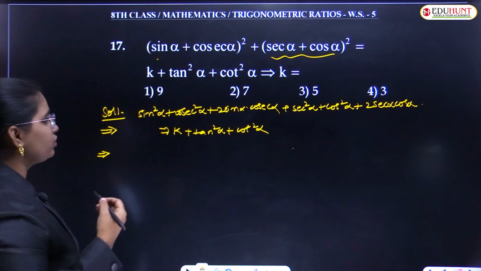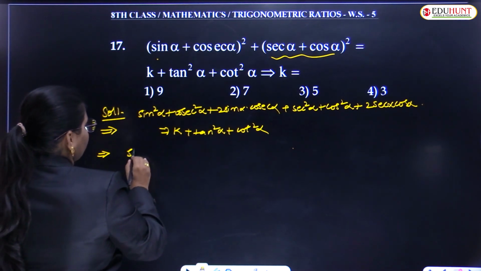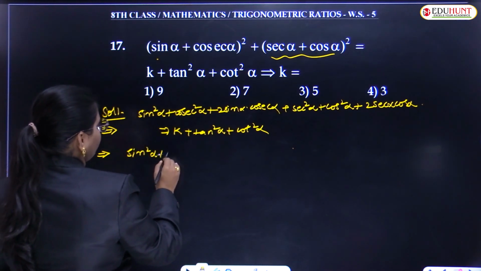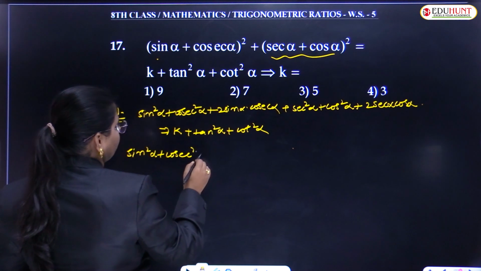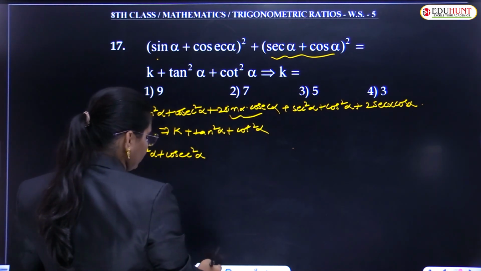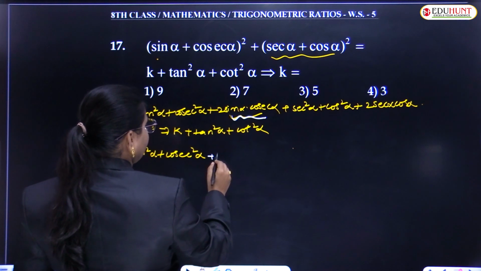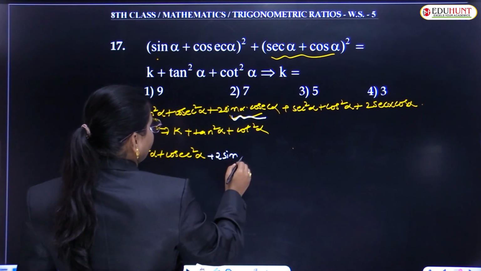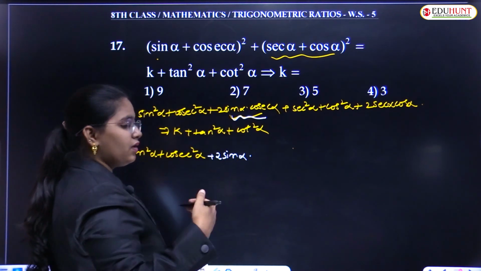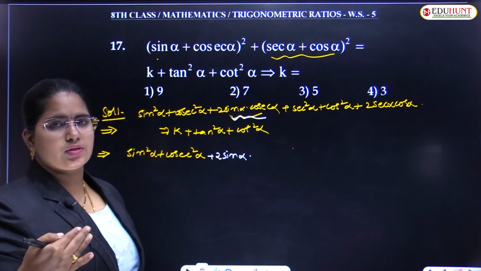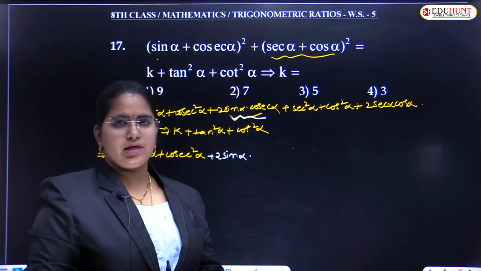In the next step, sin square alpha plus cosecant square alpha, both are under multiplication, right? Can I write 2 sin alpha cosecant alpha? How will you define cosecant alpha? It is a reciprocal function of sin alpha.